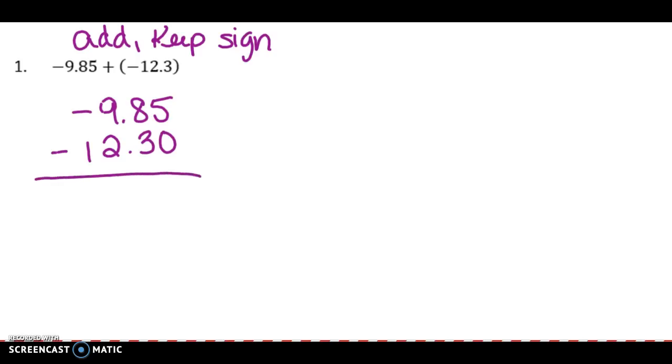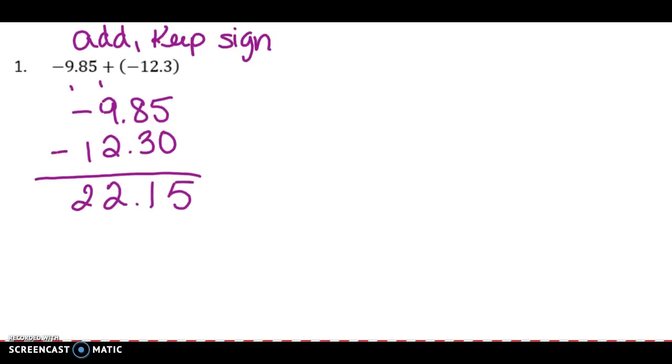Okay. We already decided we're adding, so we're going to add the numbers because they're the same sign. So 5 plus 0, 8 plus 3, carry the 1, 12, carry the 1, 1 plus 1 is 2. That decimal point comes straight down.